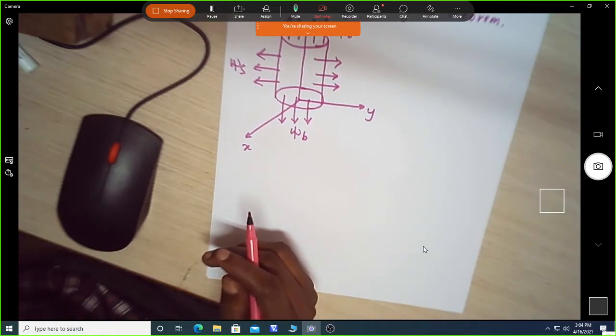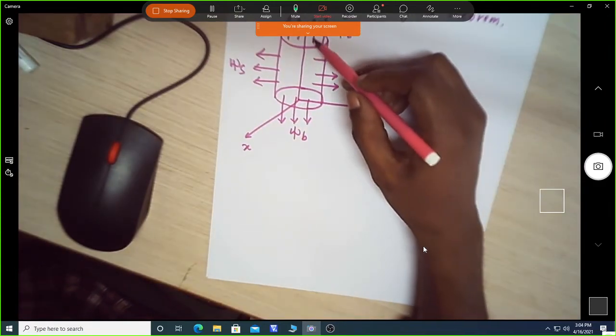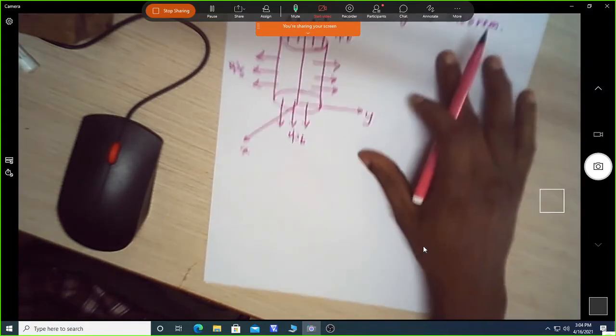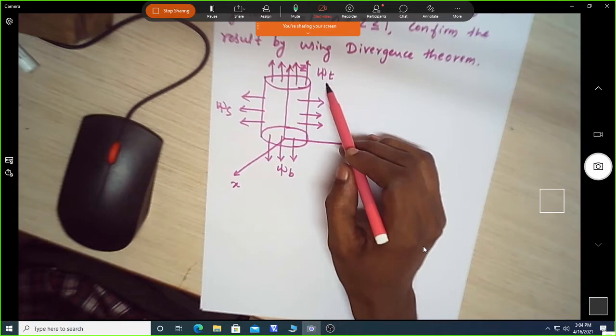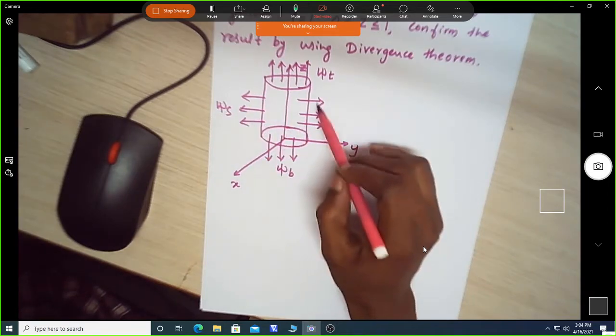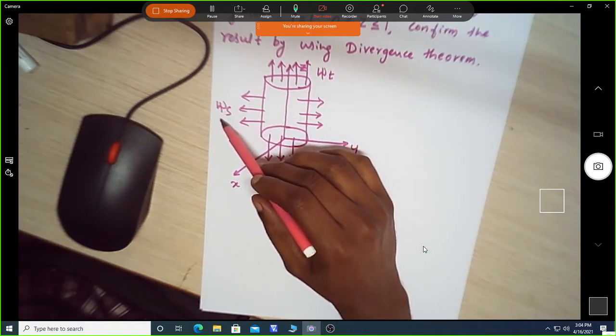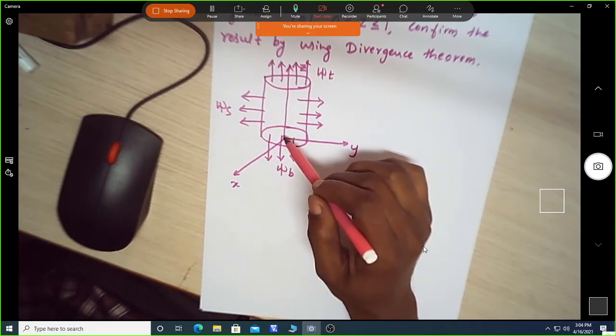That is the flux which is coming out of this cylinder.